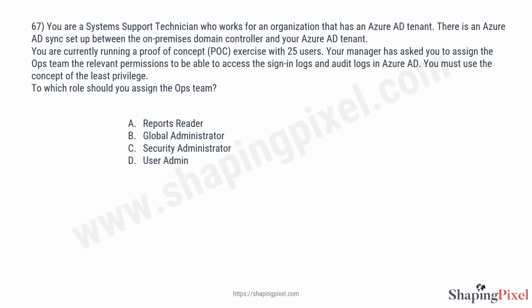Your manager has asked you to assign the ops team the relevant permissions to be able to access the sign-in logs and audit logs in Azure AD. You must use the concept of least privilege. To which role should you assign the ops team? The options are reports reader, global administrator, security administrator, user admin. So the right answer here is option A, reports reader.